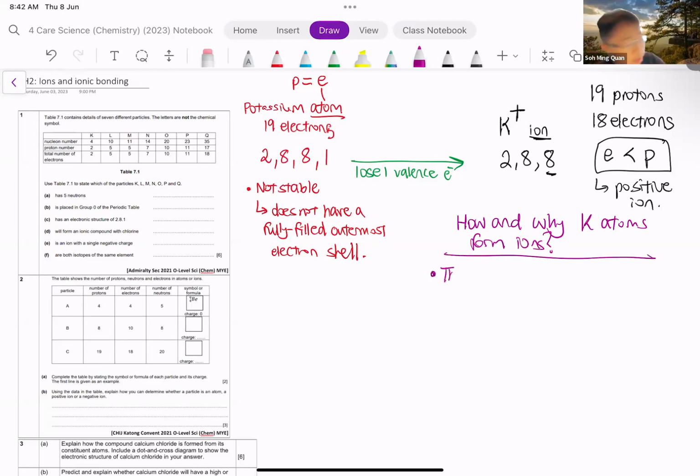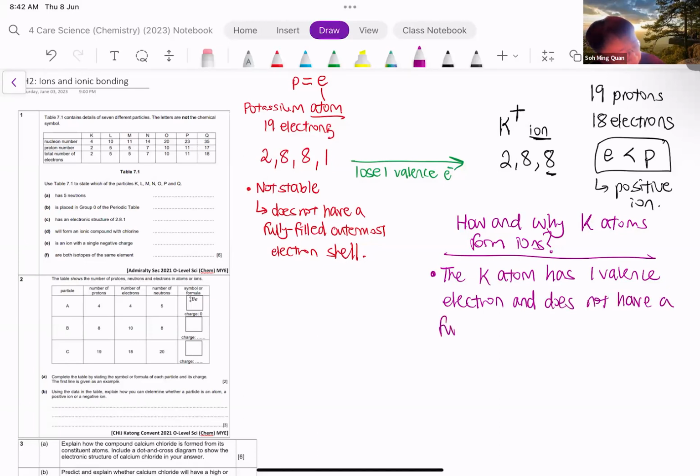Well, first you need to explain that the potassium atom has one valence electron and does not have a fully filled outermost electron shell.